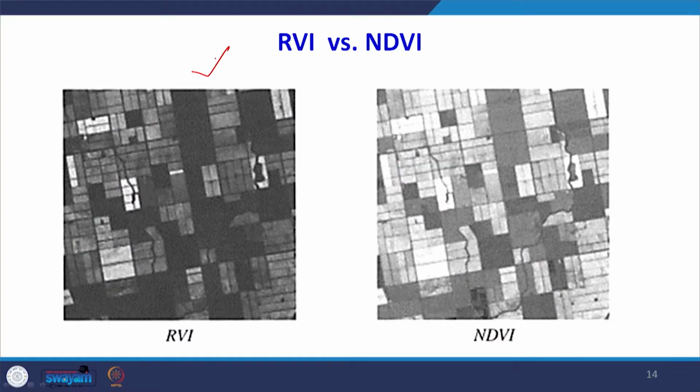Now a comparison between the two: here the ratio vegetation index is shown on the left, where those are the agricultural fields. You can see the very smooth boundary of the agricultural fields, and the NDVI image of the same area. So NDVI images are giving me more clarity as compared to the ratio vegetation index.